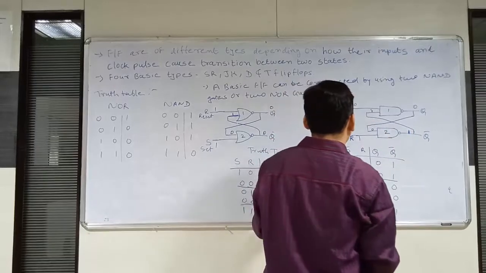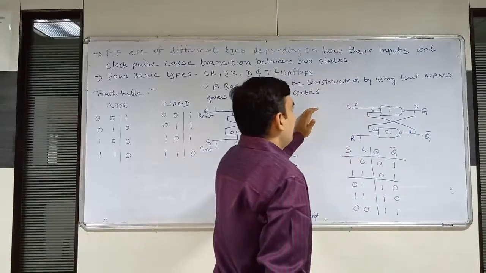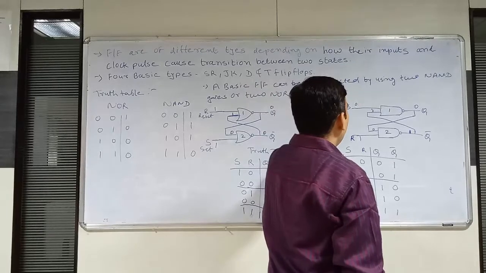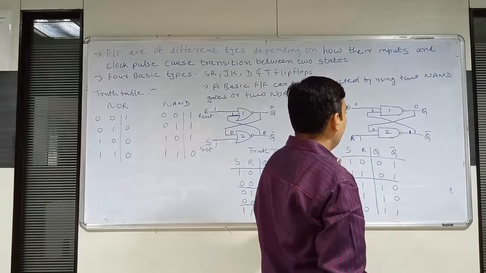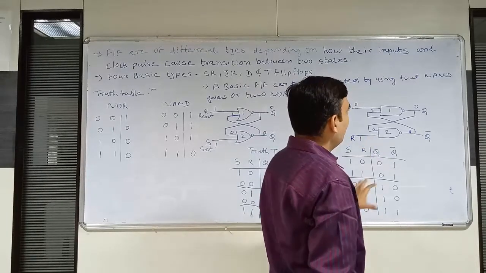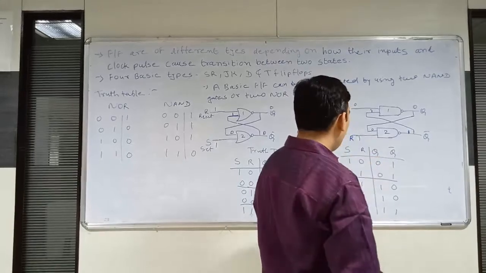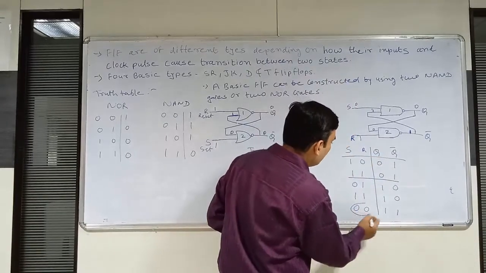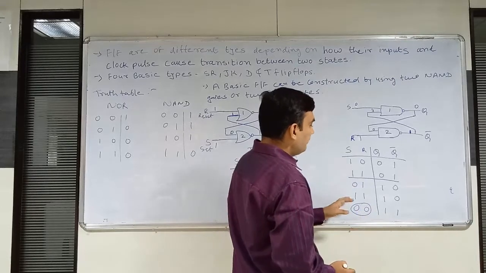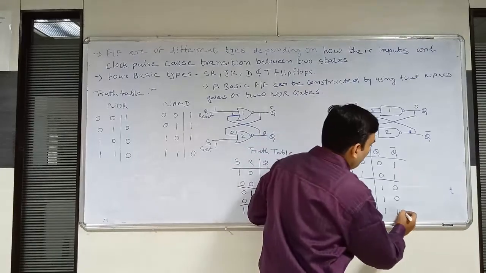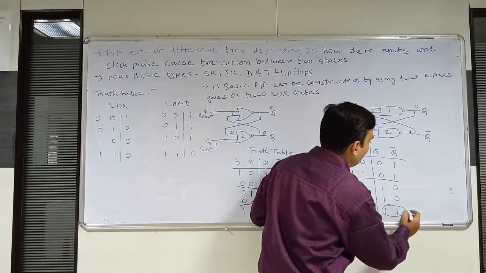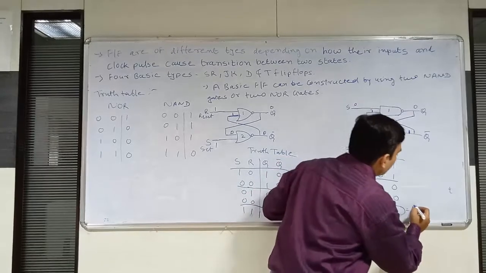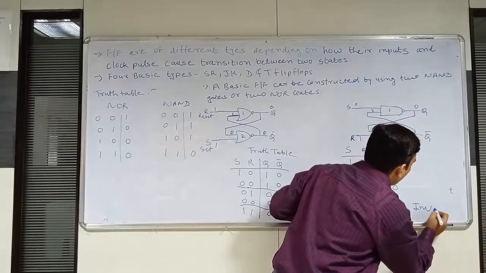In this way, the SR flip-flop works here, and we can understand the truth table of SR flip-flop. Here also in this case, in the last, when both inputs are low or both inputs are 0, we got our both output Q and Q bar is equal to 1, which is also invalid condition.